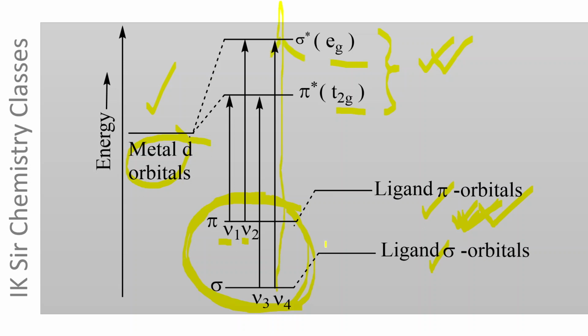Maximum amount of energy is required for the electronic transition nu4, and all these electronic transitions involve the transfer of electron from orbitals which are localized mainly on the ligand to orbitals which are localized mainly on the metal atom, and hence these electronic transitions are called ligand to metal charge transfer transitions.